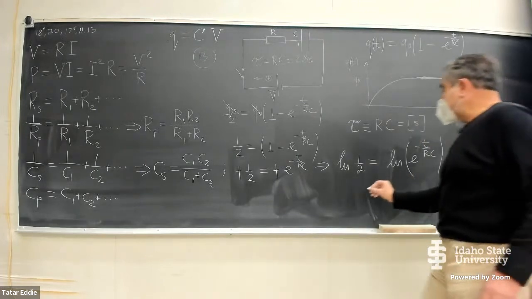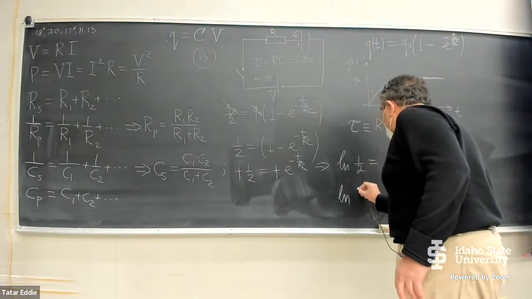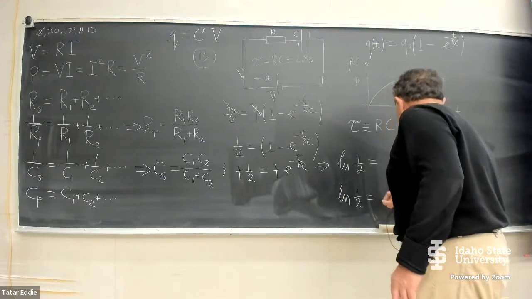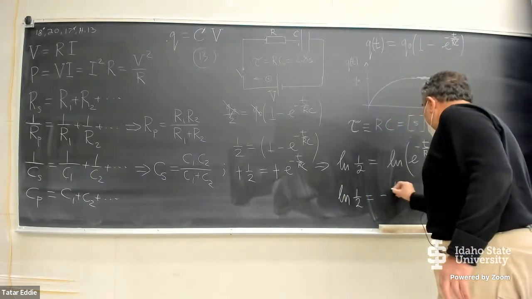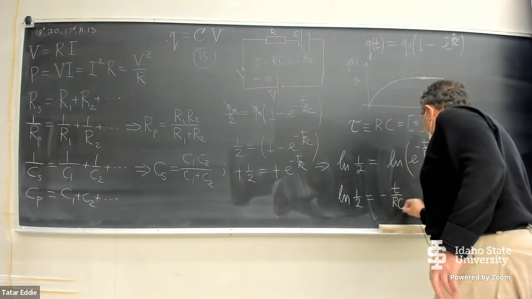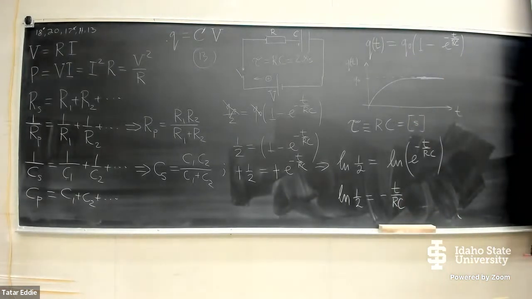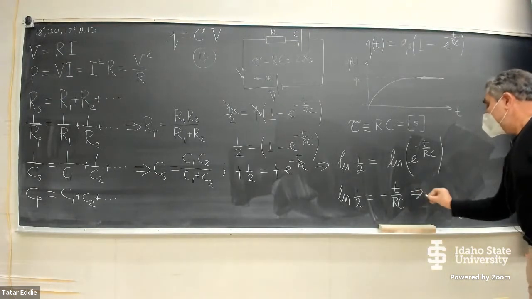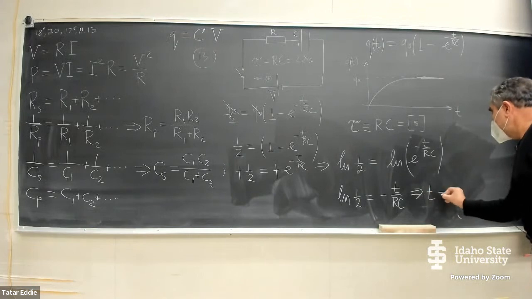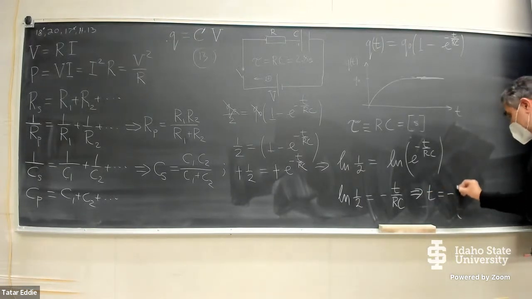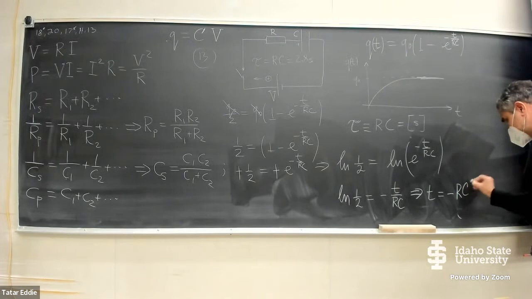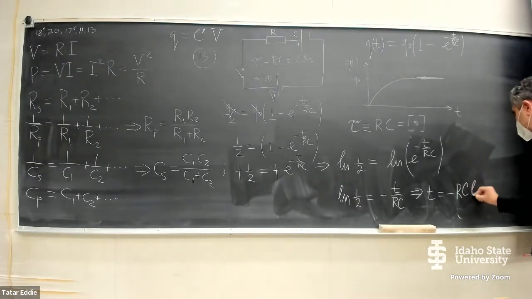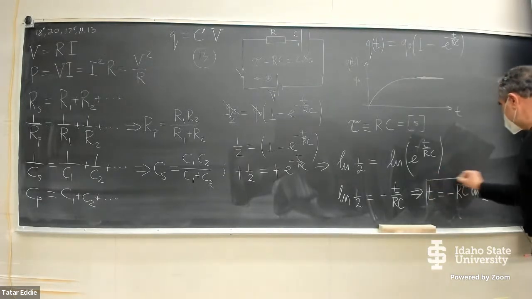And you're going to get logarithm of 1/2 is equal to negative t over RC. And now solving for time, you get that time is equal to negative RC multiplied by logarithm of 1/2. So this should be the answer.